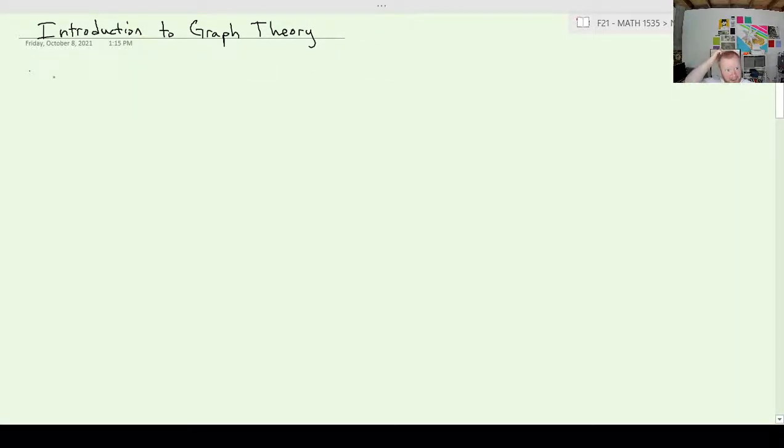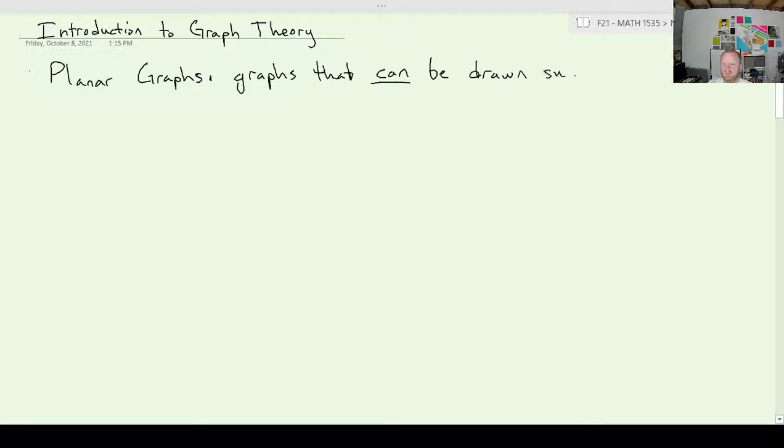Now we can talk about planar graphs. So planar graphs are graphs that can be drawn, and can is kind of an important word in here, such that no edges overlap.